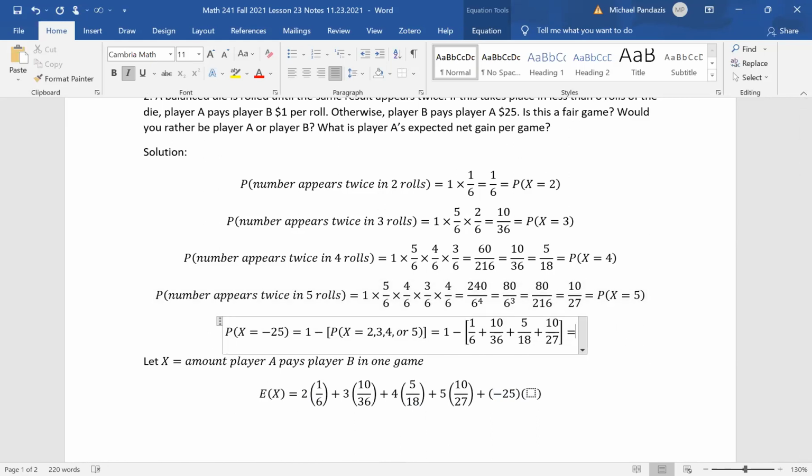So this is equal to, really quickly, I'll use my calculator.